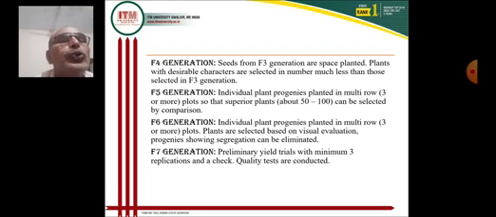Progenies showing segregation can be eliminated. In F7 generation, preliminary yield trial with minimum 3 replication and a check. Quality tests are also conducted. In this generation, yield trial is carried out using check or standard variety of the local area. Quality tests are also conducted.